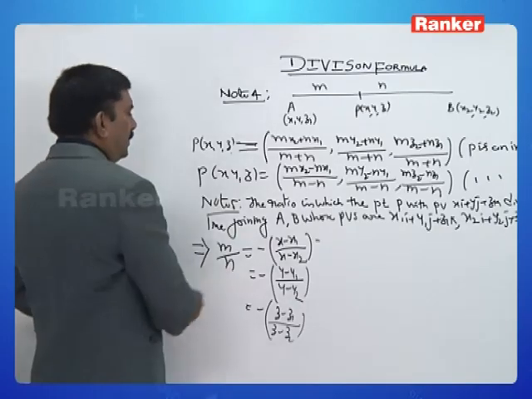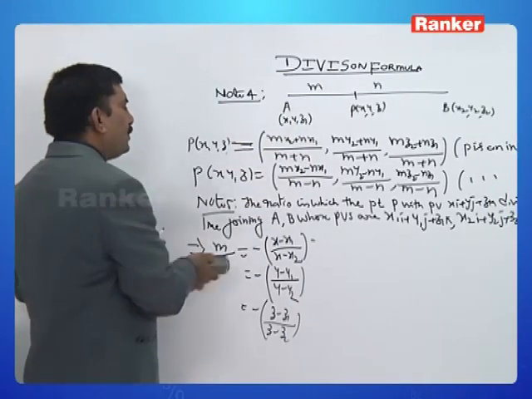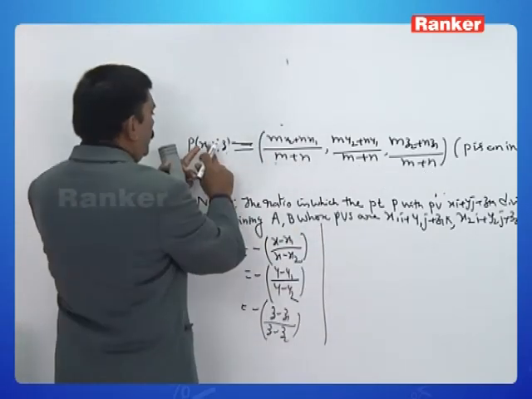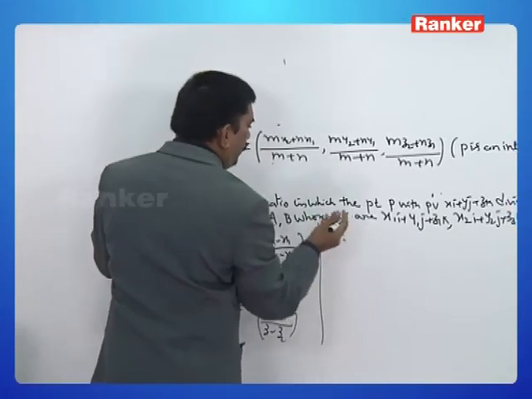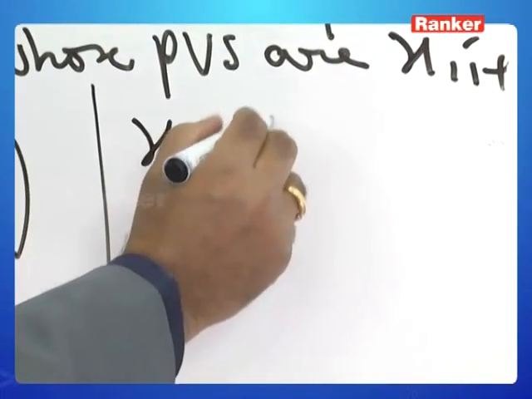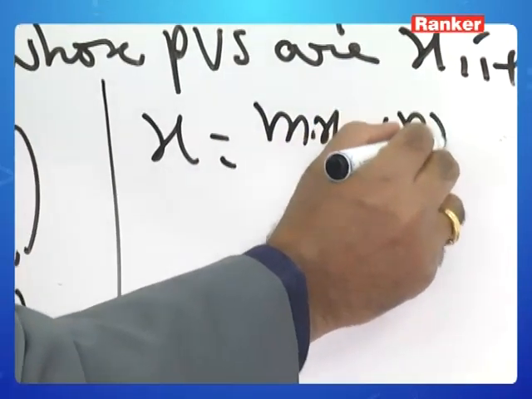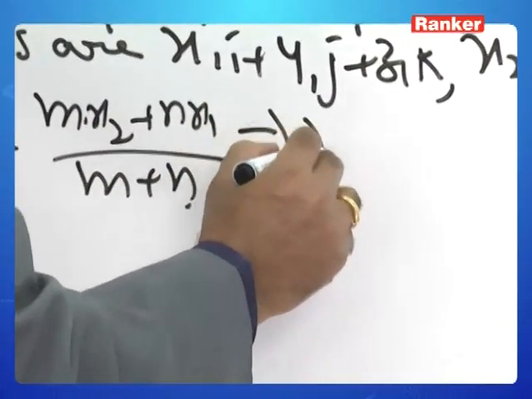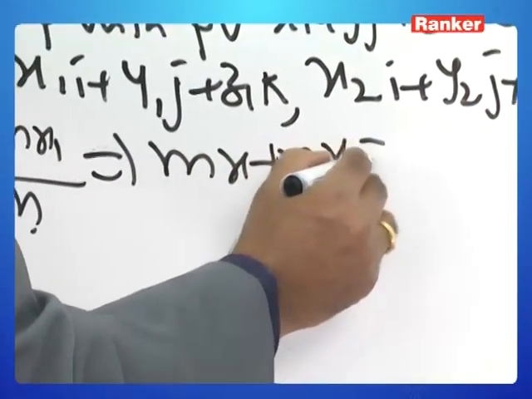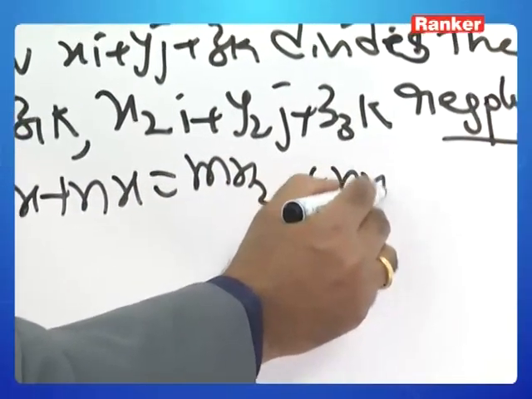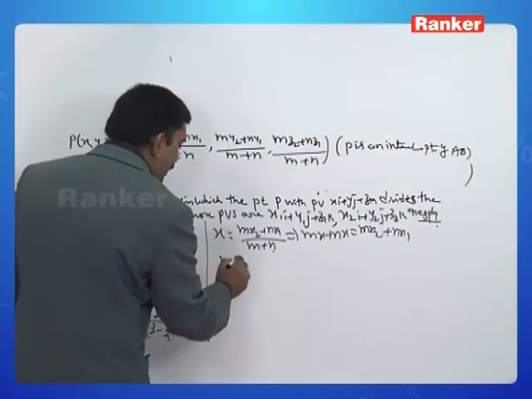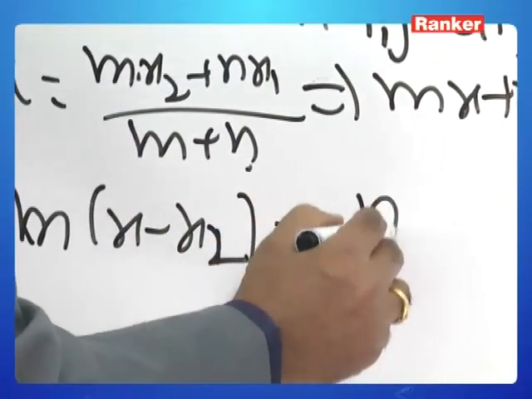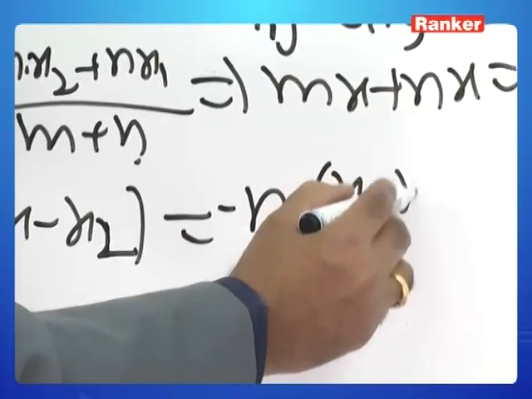This is how you got it. To solve this, take x from the previous note: x is equal to mx2 plus nx1 by m plus n, cross multiply, mx plus nx equals mx2 plus nx1, transfer, this is m into x minus x2 plus n into x minus x1.